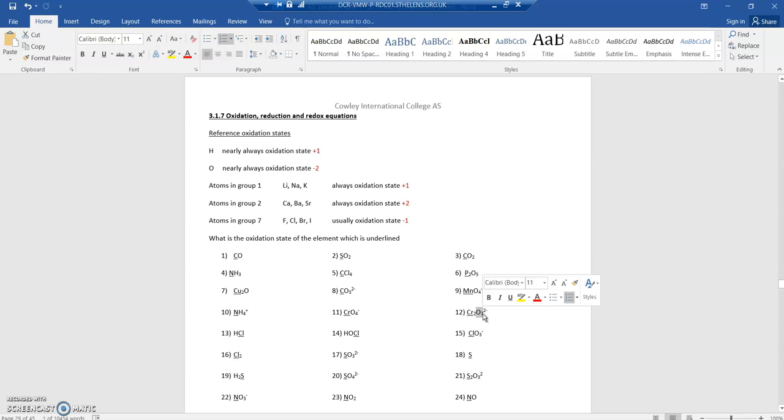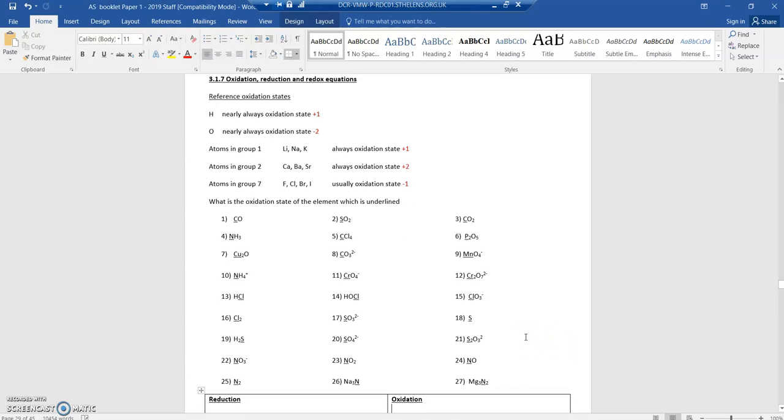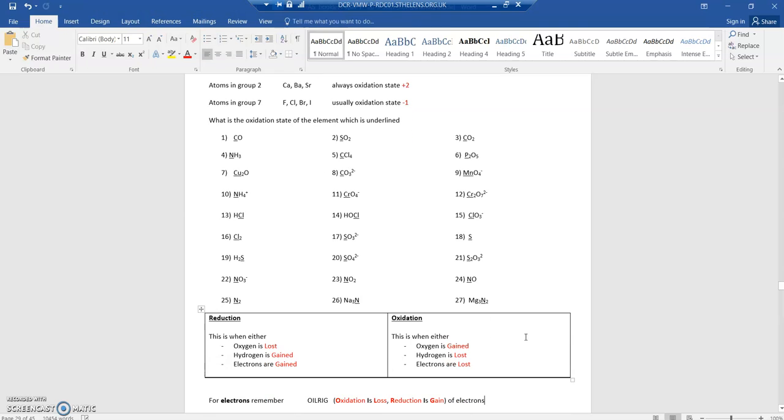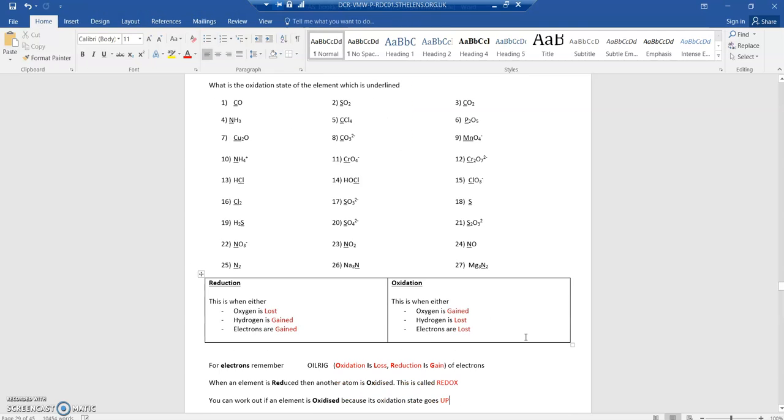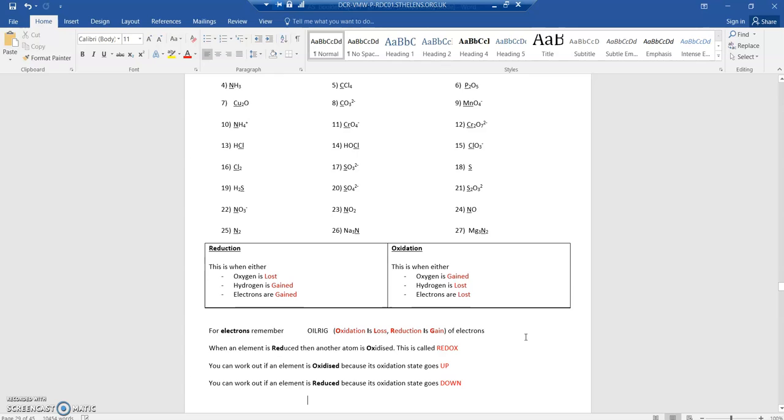Plus 12 minus 14, 2 minuses overall. See if you can work out the oxidation state of the underlined element 1 to 27. And we'll come to reduction, oxidation, and this section in the next lesson.